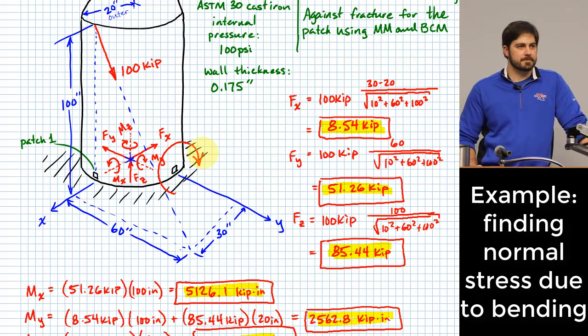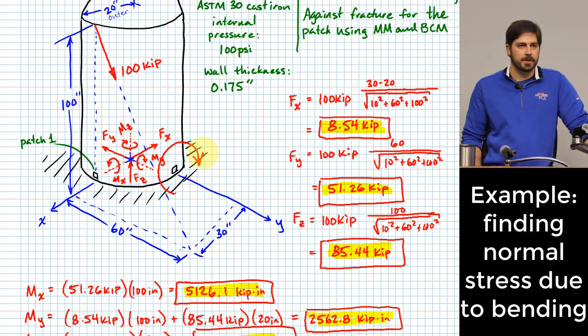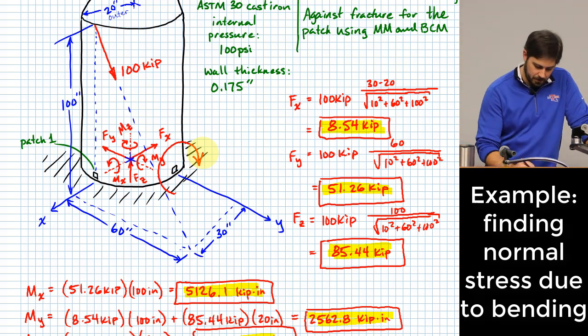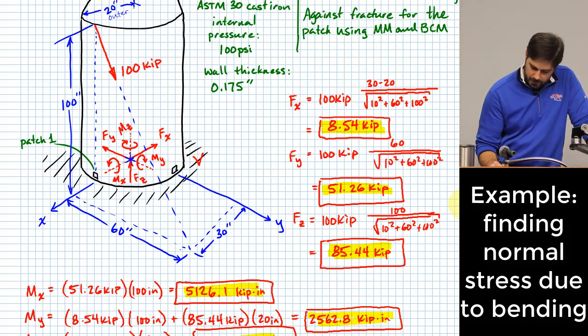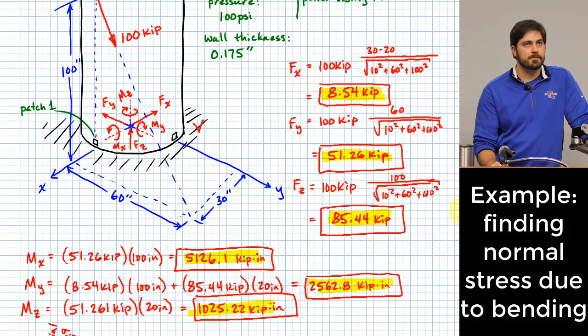Okay, so the moment's at the bottom and it's making it. Okay. Yep. It's going to tend to try to compress patch 1, and if there was one opposite on the other side, it would try to elongate it, put it in tension. Okay, so it is a compressive stress on the patch 1.